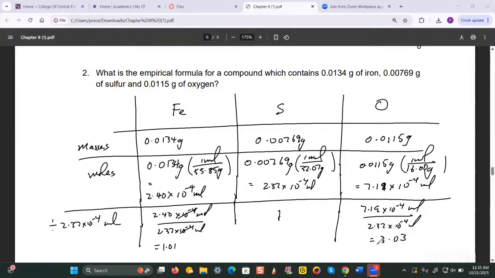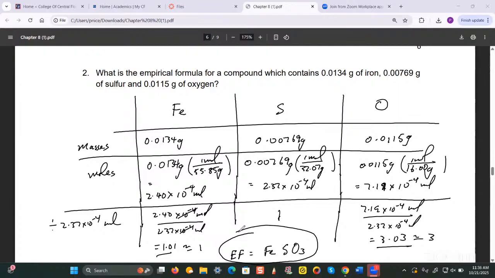So in this case, these numbers are very close to integers, so we can just approximate them to the closest integer. That would be 1 and this would be 3. Therefore, the empirical formula is equal to FeSO3. And that's how that is done.